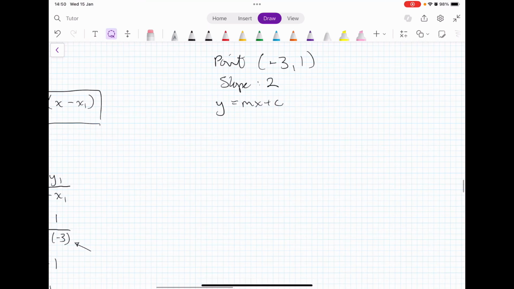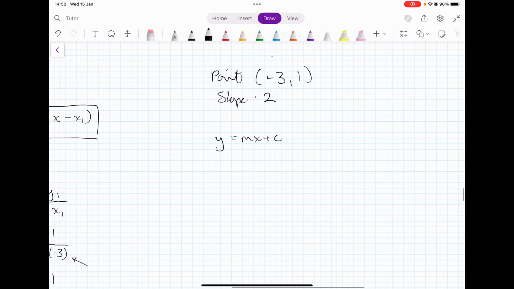So we know the slope is 2, so m is equal to 2. And we know that the point is definitely on the line, so when we substitute minus 3 into the x value and 1 into y, the equation should remain equal. We can substitute these into the y equals mx plus c form to work out the c value, which is the y-intercept.